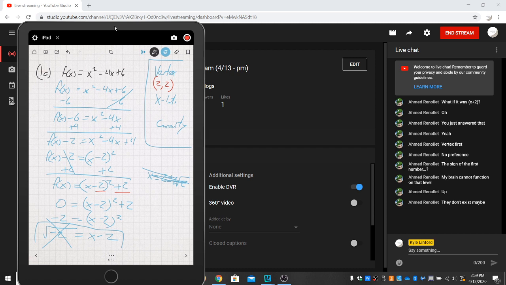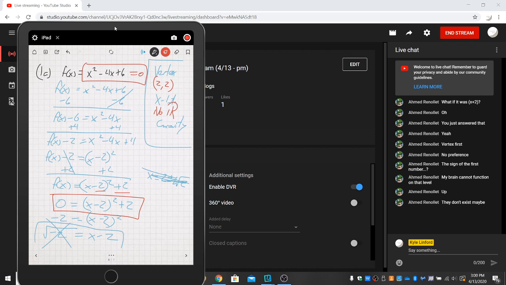That tells me right away that my x-intercepts aren't going to exist. They are not real. There are no real x-intercepts here, okay? The only solution to when the function is equal to 0 is a purely complex number. So no real number will work here.